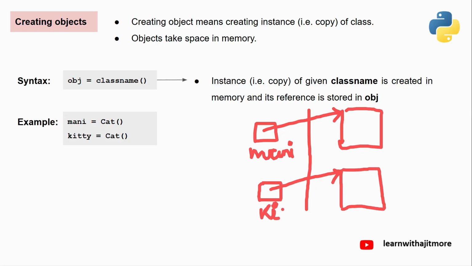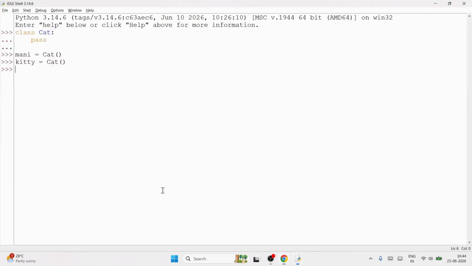Is it like creating two integer variables? So both are variables of what type? Integer. So int is the class, and the two integer variables are objects. They're two copies. Understanding? Yes or no? See here. I'm creating x equal to 10, y equal to 20. So are these x and y also objects?